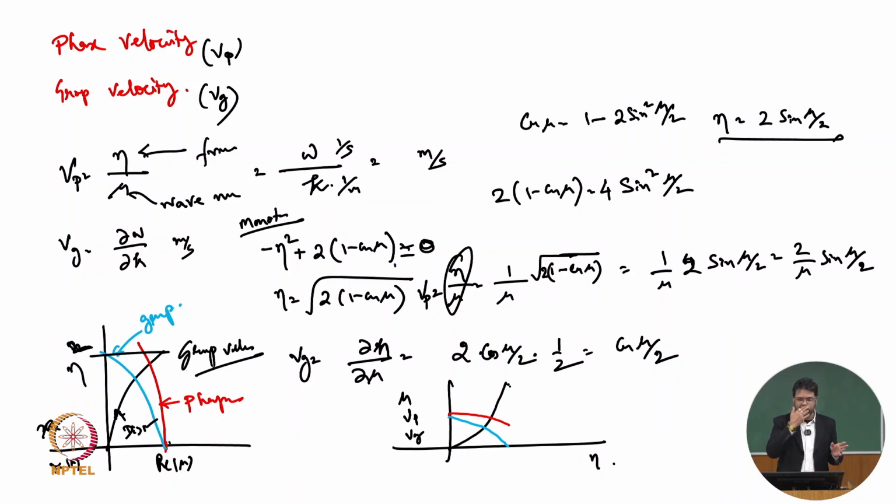Not possible. If you run that simulation, it cannot give the group velocity, because it has no component of del omega by del kappa. That del omega is not there, it's a single value. From a single value we cannot find del omega. That's why a small packet or small variation of omega is required. Once we give that, we are able to see that variation.